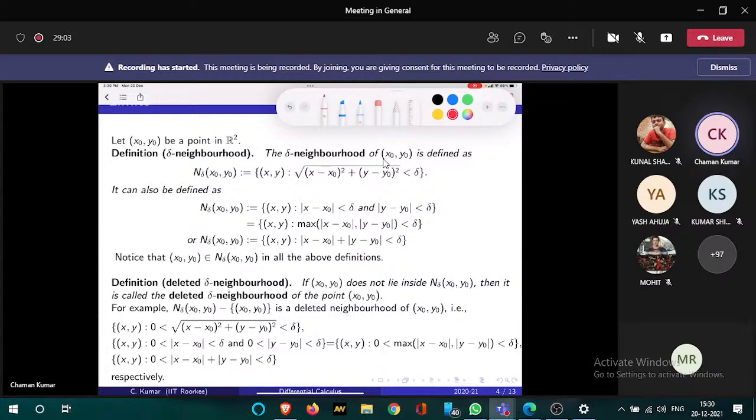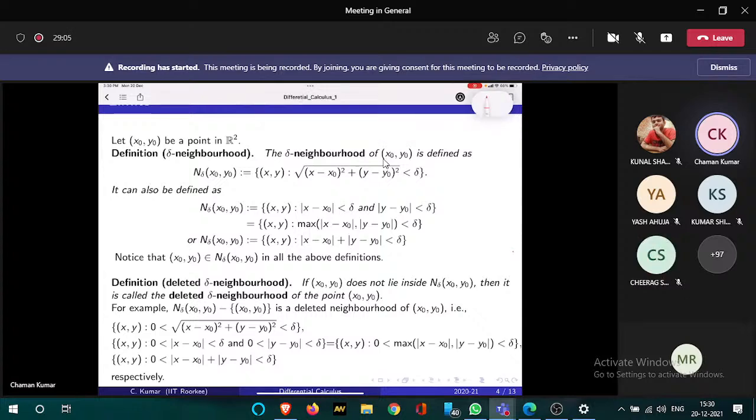Okay. But so basically, let's say you have this xy plane, and you want to create a neighborhood around a point x naught, y naught. There are several options here. I can have a neighborhood using the shape of a circle.